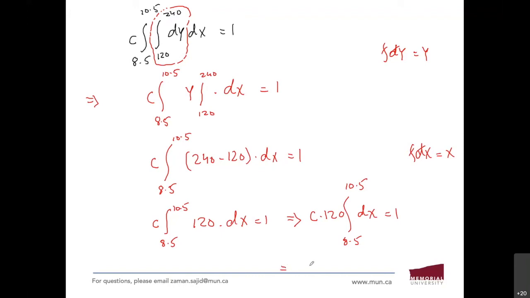This will be C times 120, and this is my x. Because I have used my integral, I will put my limits. Limits are from 8.5 to 10.5, is equal to 1. Now in the next step, I just need to plug in my upper value minus my lower value.